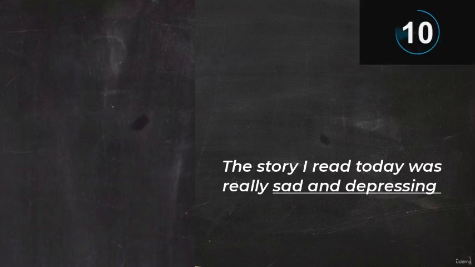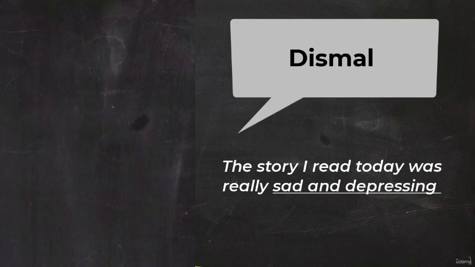You know, guys, the story I read today was really sad and depressing. So what word can we use instead of the underlined one? So what is it? Did you remember? That's right. We usually say dismal. Dismal is something that is sad and depressing.